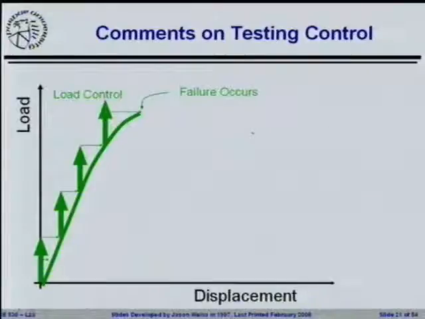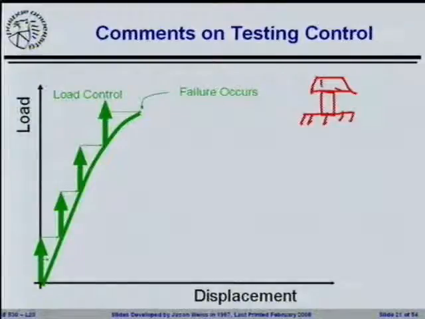Load control is the type of test that all of us imagine our mechanical testing machine is doing. If I asked each of you to test the material in the lab and I gave you, you can go to Menards and buy anything you would want, what would you do? Well, you would start off with your material, put it on a nice firm surface, and then start stacking weights on top of it.